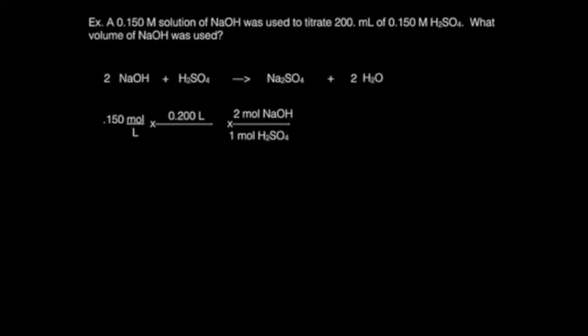I could finish the problem with this, but I haven't answered the question yet. I know how many moles of sodium hydroxide are needed to have equal numbers of moles of sodium hydroxide and sulfuric acid, but the last step is to figure out the volume. I know the concentration of sodium hydroxide is 0.150 molar. Since molar is moles per liter, I can take the 0.150 moles per liter and put that on the bottom, so moles on the bottom and liters on top.